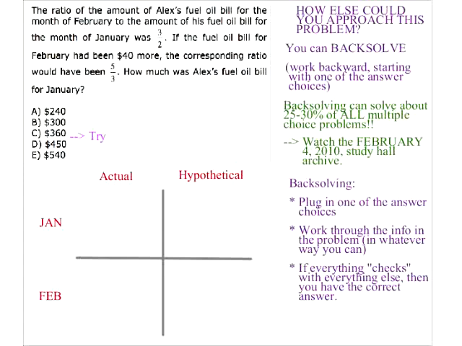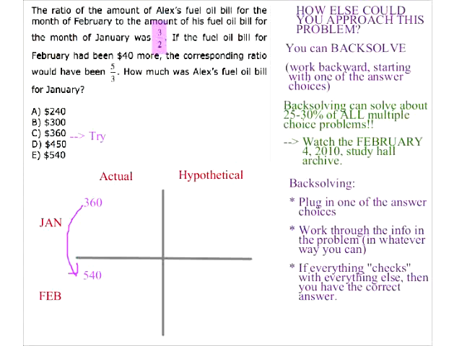So if we try 360 for January, then we have this ratio of 3:2. So that means that February is 3/2 of 360. 3/2 of 360 is 540.